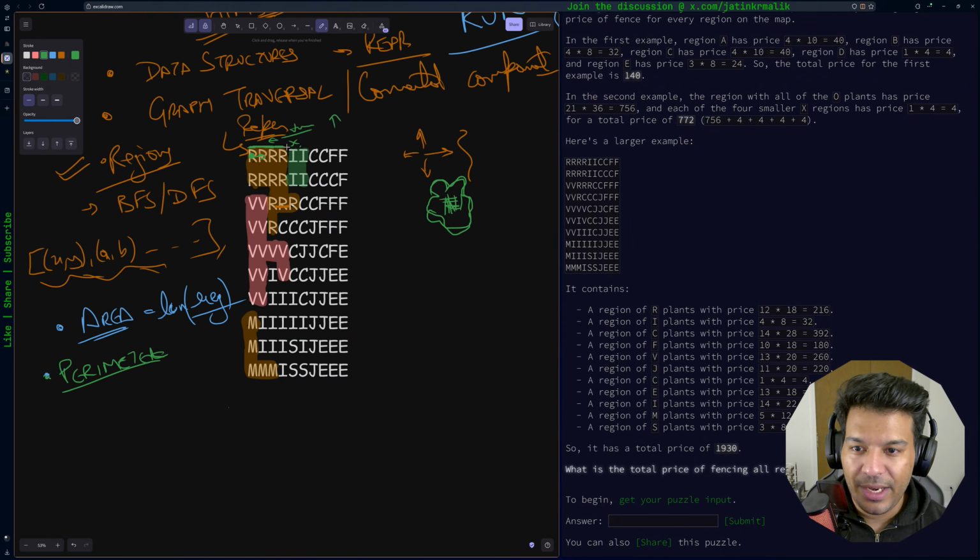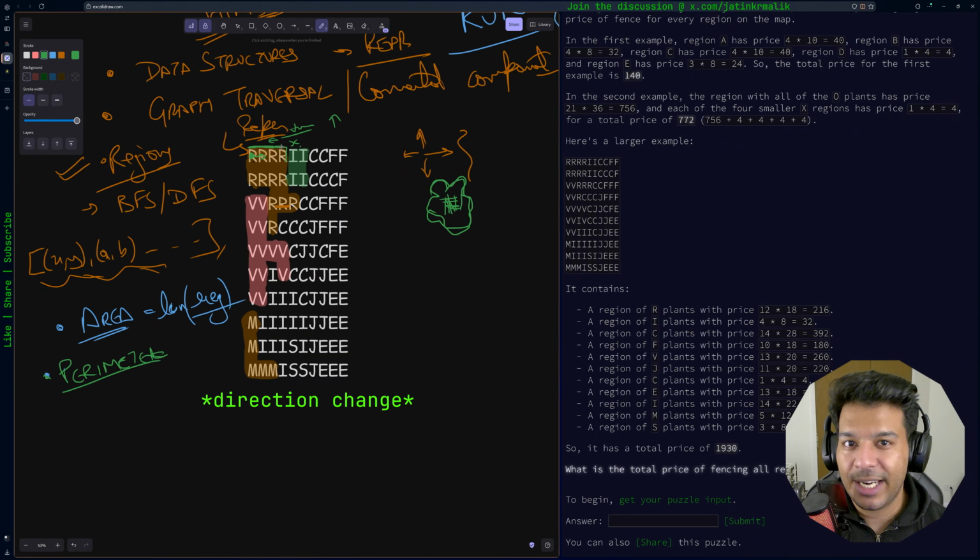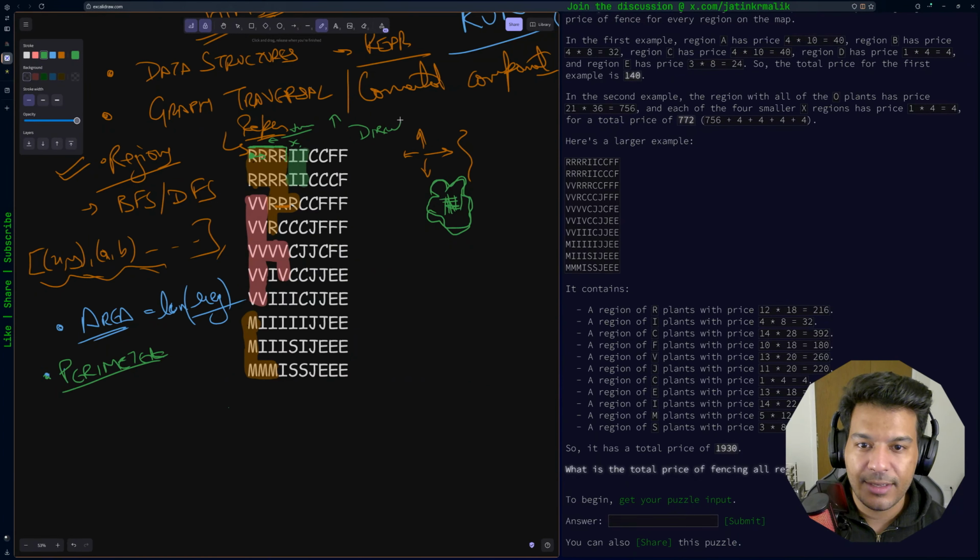So when you go down, you add 1 to the perimeter, but you have not started looking at the neighbors yet. That's the only possible place for you to go because you came from the left side, so you cannot go in the negative of the direction you are heading. So there is a direction vector that comes into the picture here. While going down, you follow the same thing.